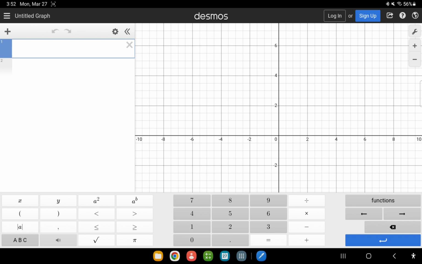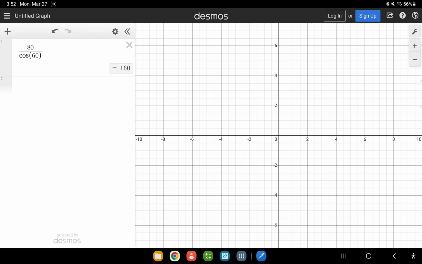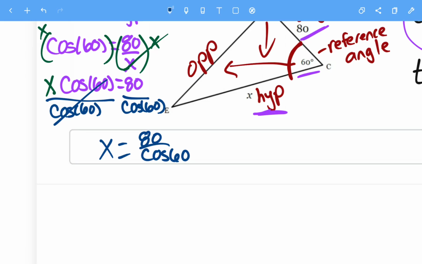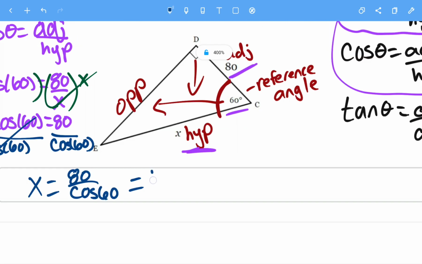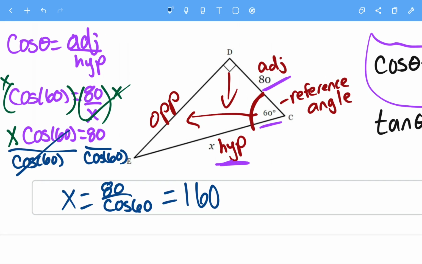So here I have Desmos, so I'm going to do 80 divided by cosine of 60. Gotta make sure my calculator's in degrees, and I got 160. So x is equal to 160. So our hypotenuse is 160 units. And that is our answer.